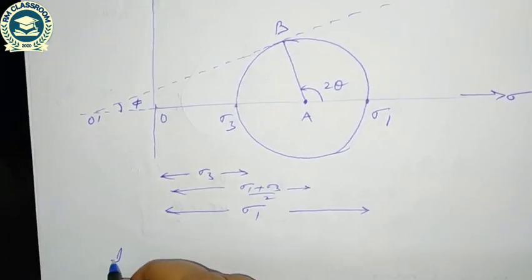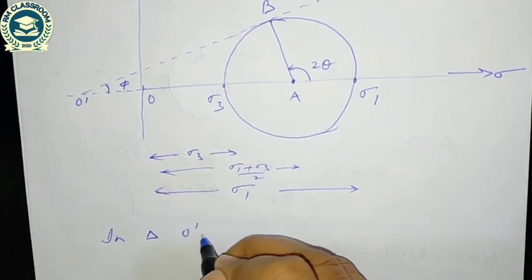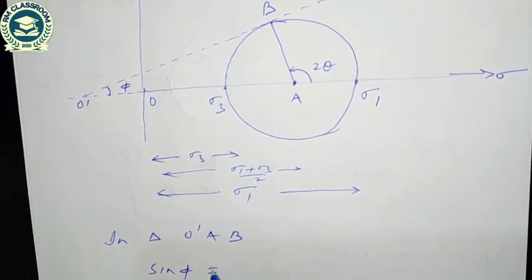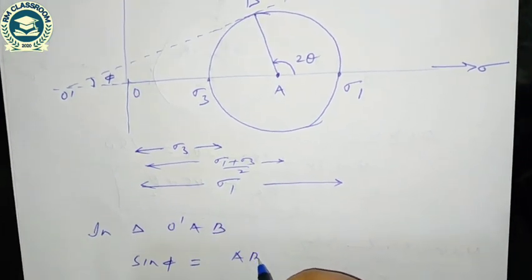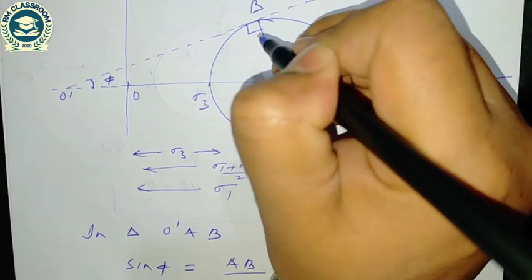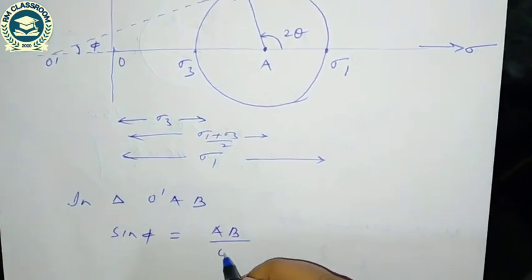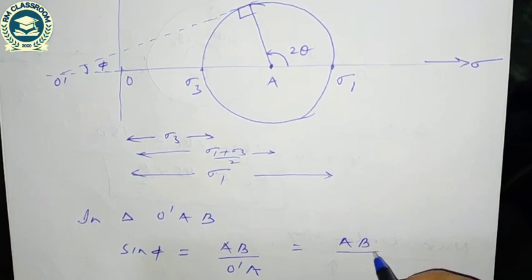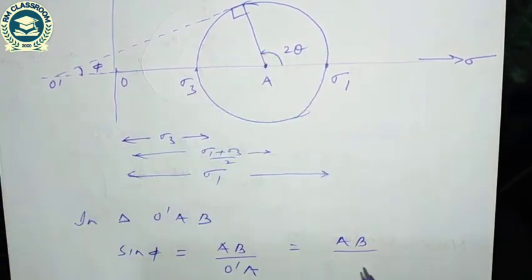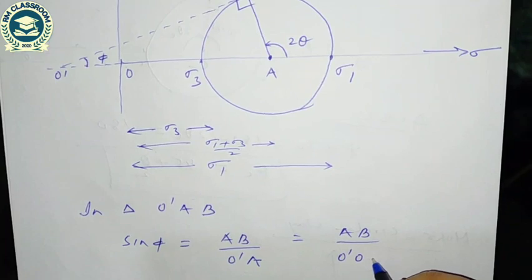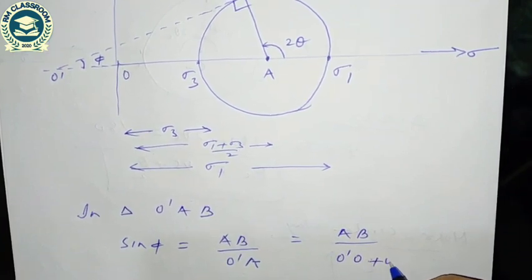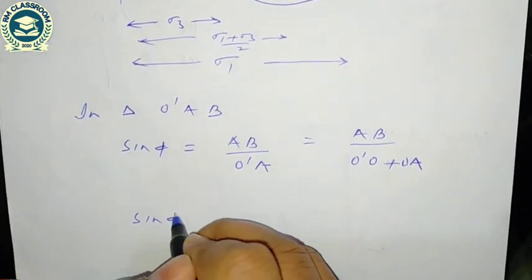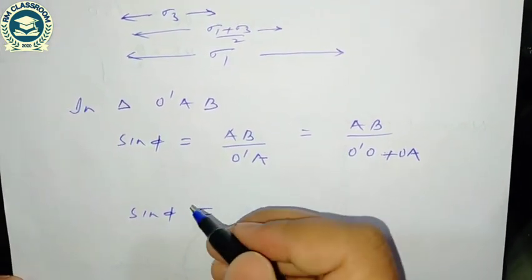So in triangle O dash AB, sin phi is equal to AB divided by O dash A, this angle is 90, and this O dash A can be written as O dash O plus OA, and sin phi is equal to AB.